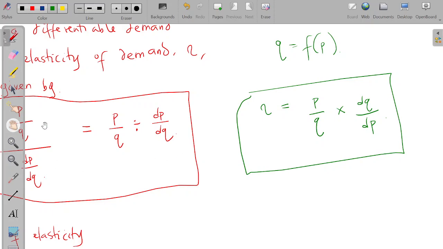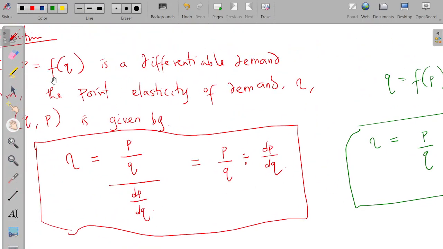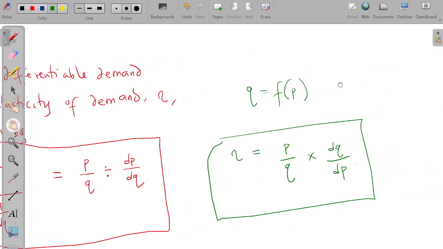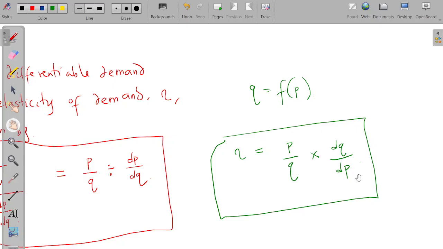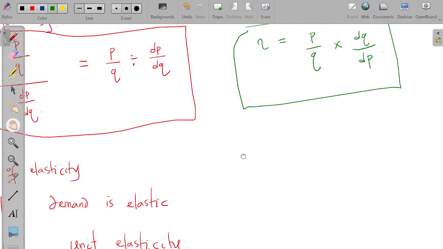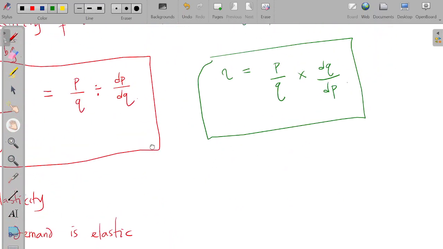When we are given P as a function of Q, we use (P over Q) divided by (dP over dQ), because we are differentiating with respect to Q, but here we are differentiating with respect to P, so it will be (P over Q) multiplied by (dQ over dP). Please take note of that.